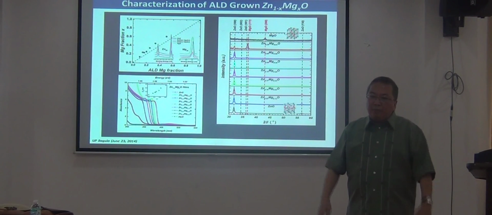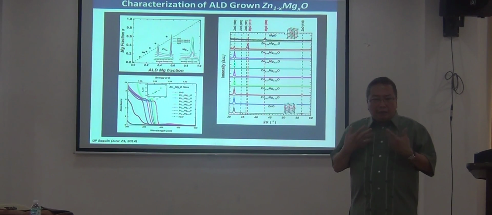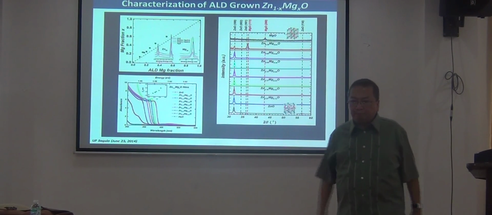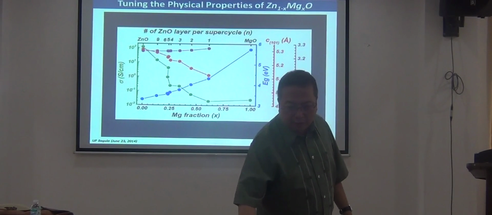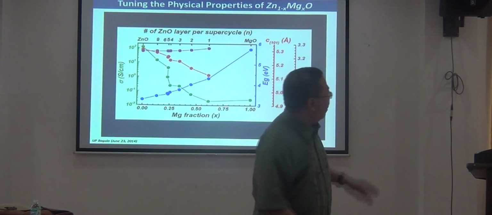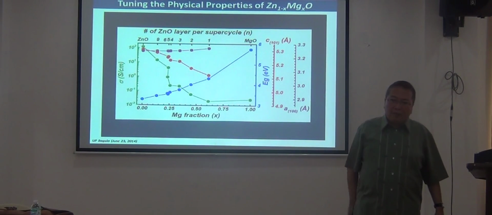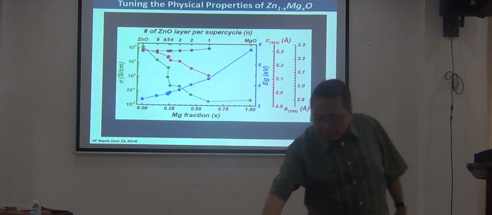Okay, so the bottom line is that with ALD, we're able to synthesize zinc magnesium oxide at low temperature and have the capability of tuning the band gap. Okay, so what is it? Well, this is just a summary of all the physical properties that we've measured for those different films.